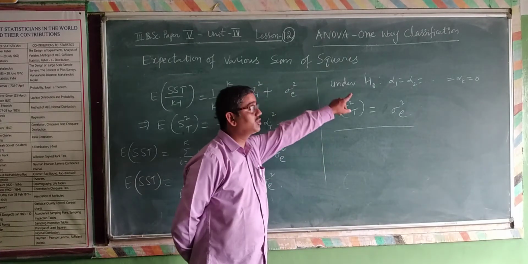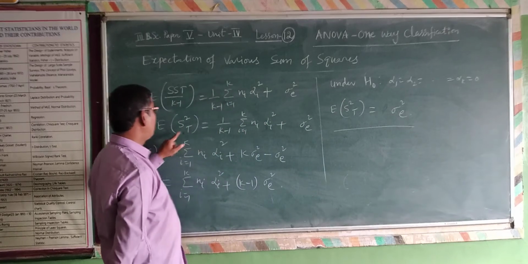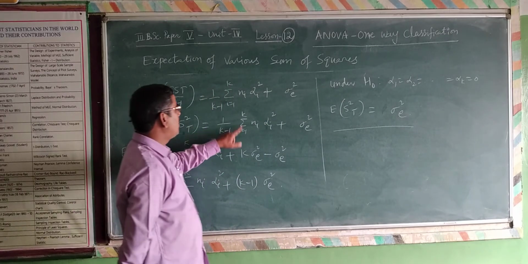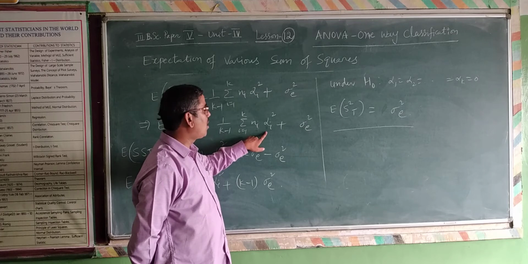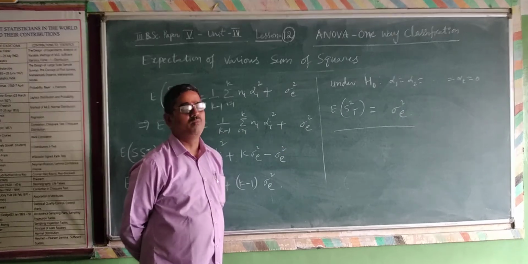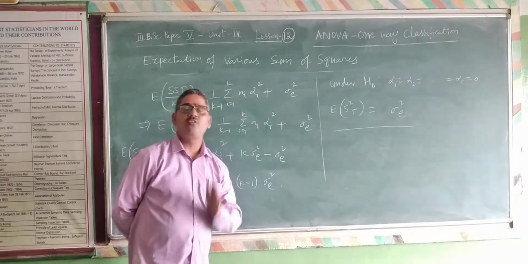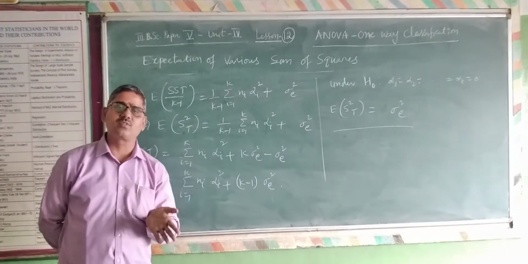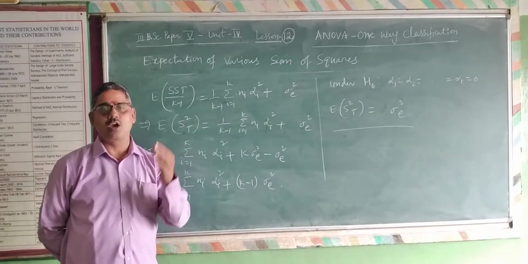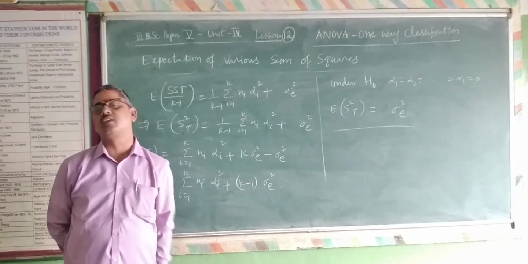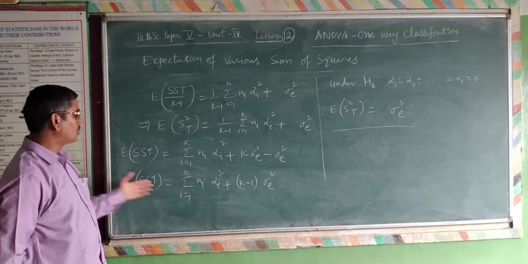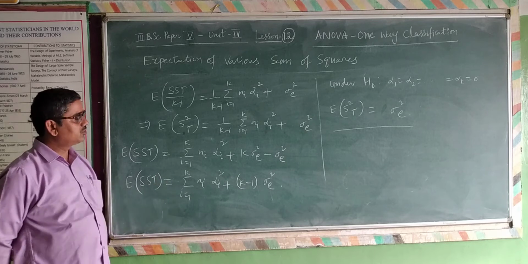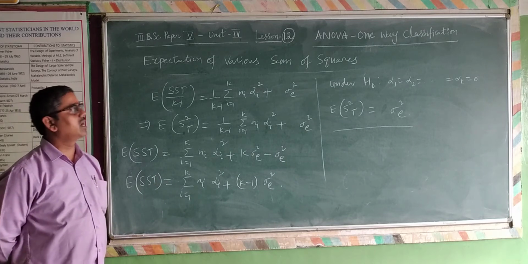If not under H naught, then the value is 1 by k minus 1 summation i equals 1 to k n_i alpha_i squared plus sigma_e squared. This is the value of expectation of the sum of squares. We can call it mean sum of squares also. We are intended to calculate mean sum of squares. Of course, expectation of SST is also here.